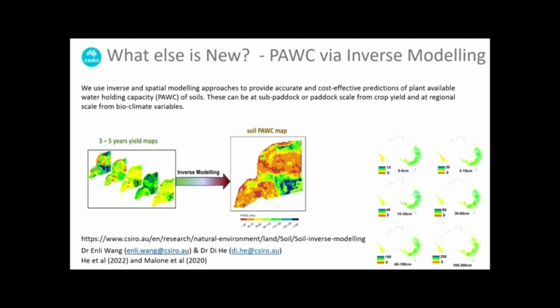These are validated against AWC points from the APSoil database, and the R squared's 60-something. And they've also used bioclimatic regional data to do the same exercise using APSIM to predict plant available water capacity at different depths in all of the cropping zones. So that's pretty SMEC stuff. There's a lot of future in that, in my view.